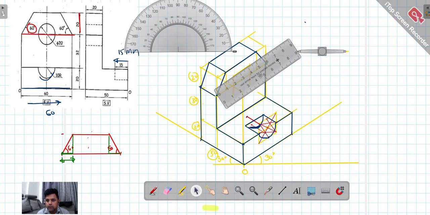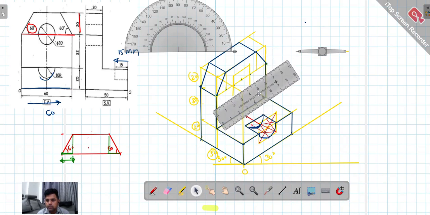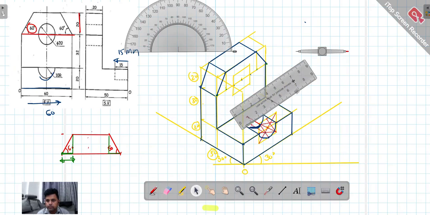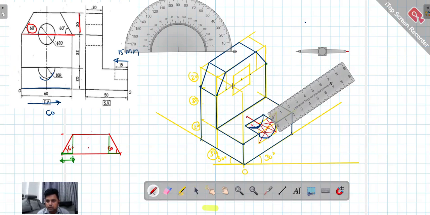Take the scale down. Draw the parallel line. Now again I got 4 centers. This is one center, second, this is one midpoint, this is one midpoint.